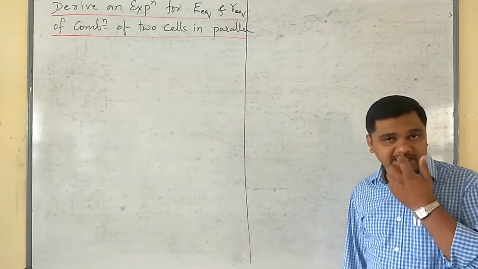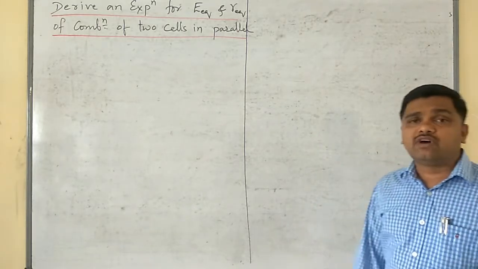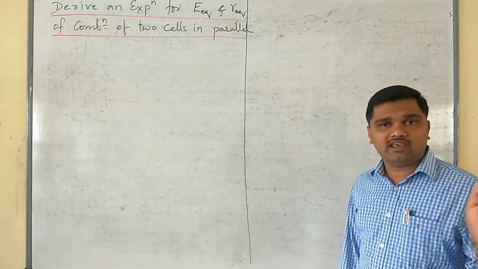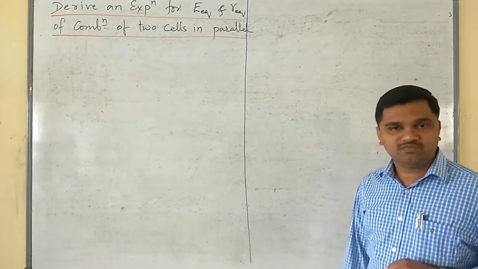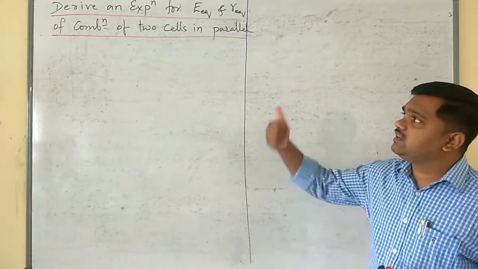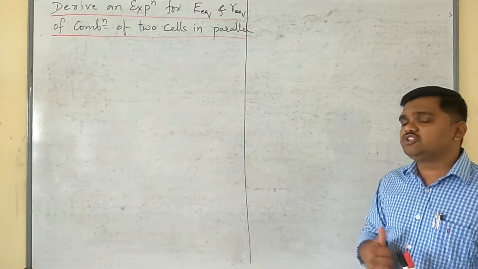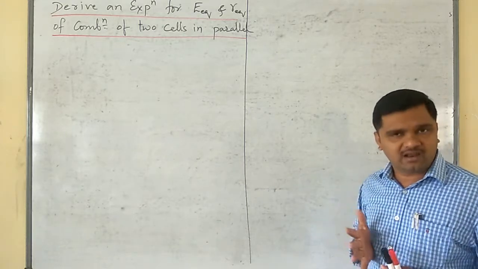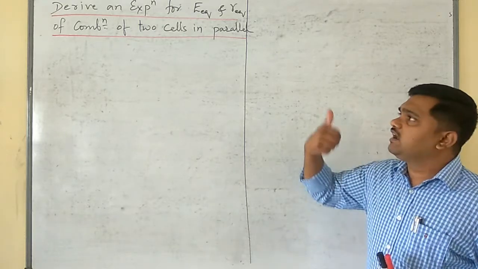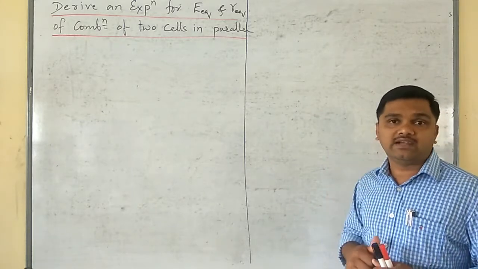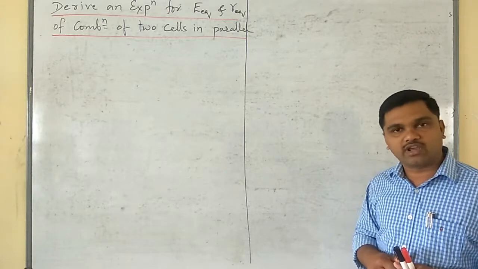For E equivalent we got E1 plus E2, and for R equivalent we got R1 plus R2. In the same way, here is one more 5 mark derivation. We connect two cells in parallel and derive an expression for the E equivalent and R equivalent.